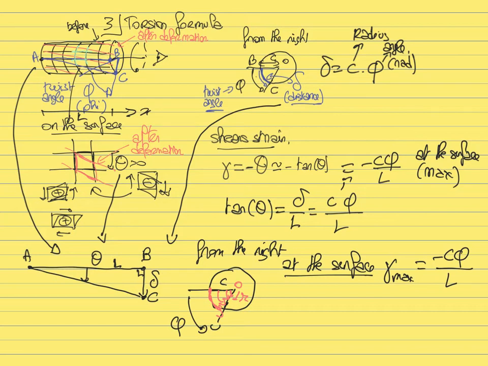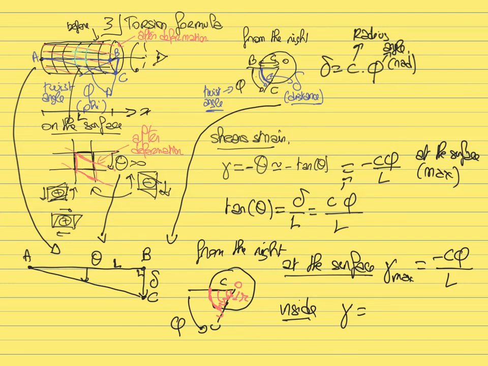That's at the surface. But now if I don't look at the surface, not at the distance C from the center anymore, but if I look at what happens inside the member, then if I want to get the expression, all I need to do is simply to replace C by the distance from the center.